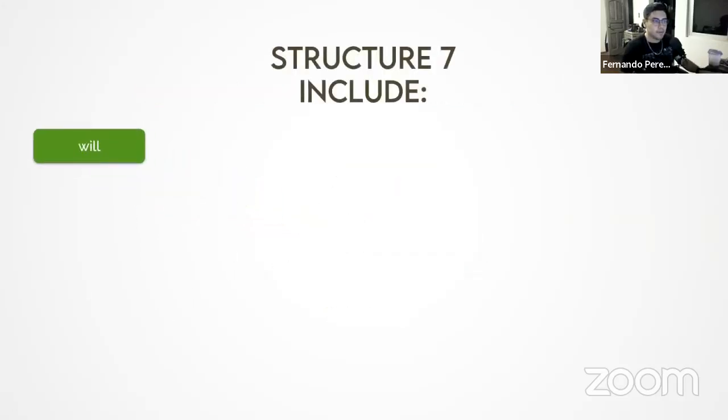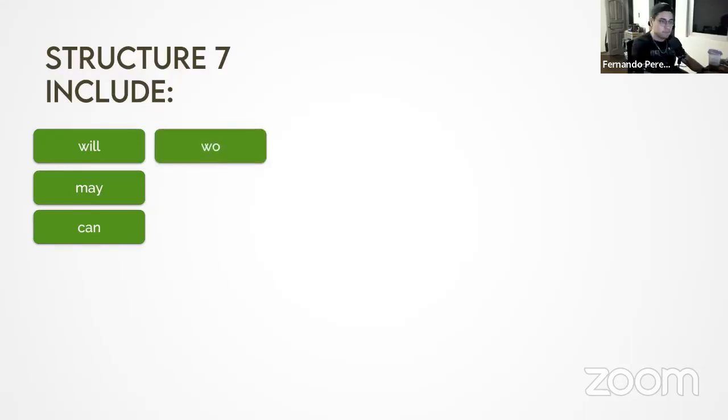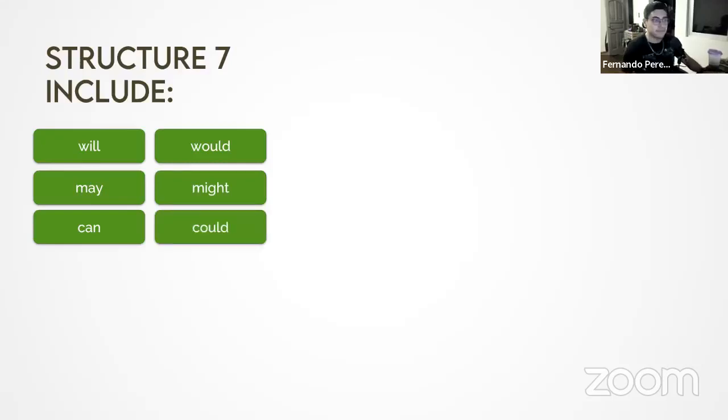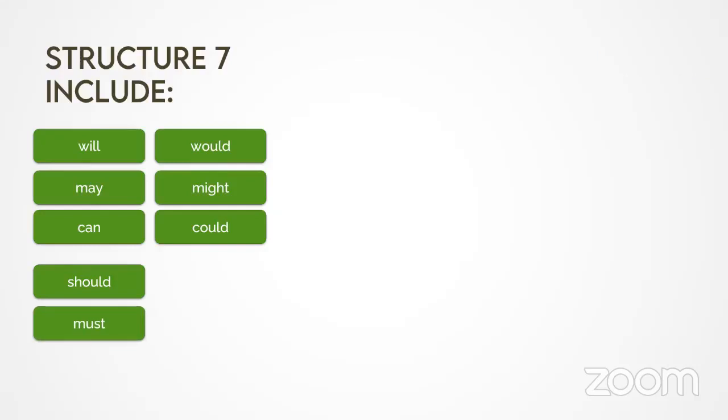Structure 7 include will, may, can, would, might, would, should, must, shall, very nice.